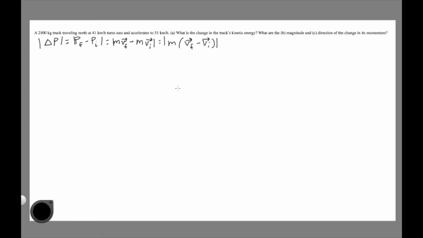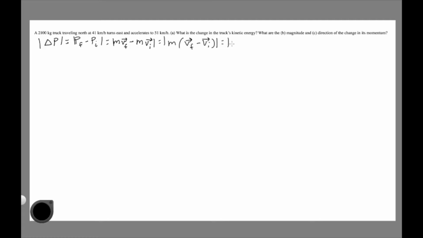So now we want to get the absolute value of the mass of the truck times the difference of two vectors here, final velocity and initial velocity.